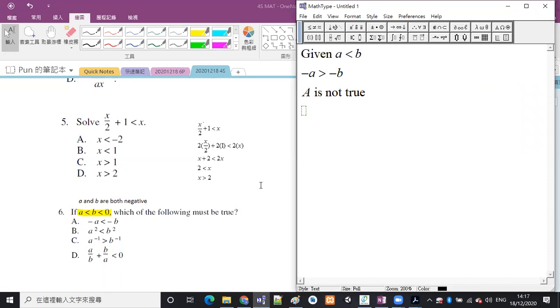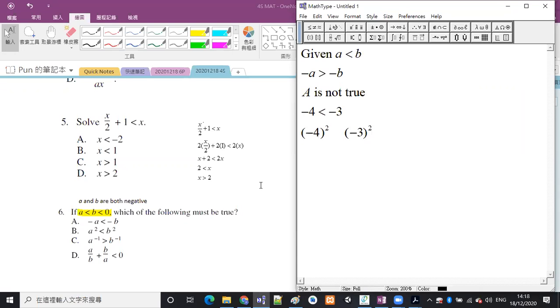How about squaring both sides? If A is less than B, just give an example. Negative 4 is less than negative 3, right? How about negative 4 squared and negative 3 squared?